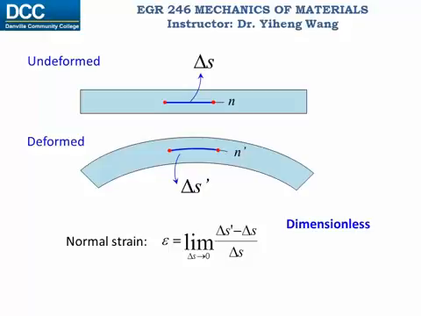Since epsilon indicates the change in size, a positive normal strain indicates elongation, and a negative normal strain indicates contraction.